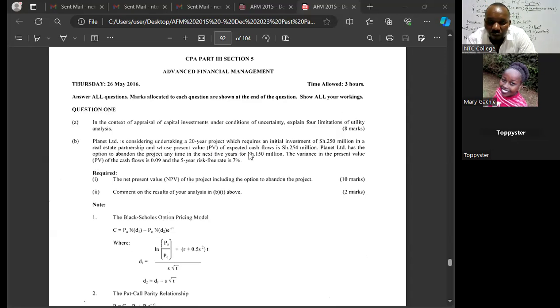So hii ni nini umepewa hapa? What are these two that you're given? Just speak. This is a project, this is the present value of the project. So hii ni nini na hii ni nini?